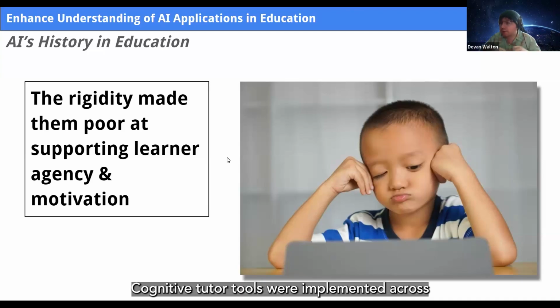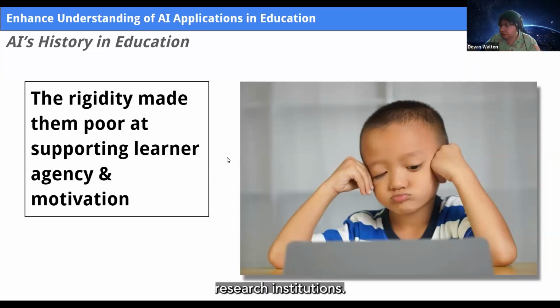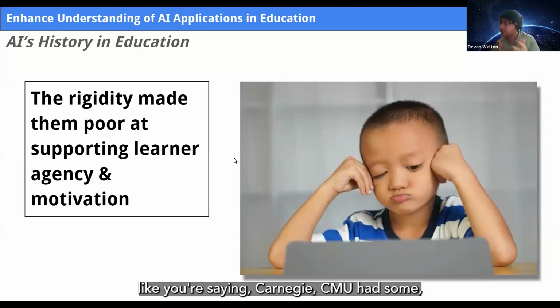Cognitive tutor tools were implemented across a whole variety of different research institutions, and the term refers to the entire class of tools that were built. MIT had some, Carnegie Mellon had some. Most major institutions had some sort of incarnation of cognitive tutor tools.